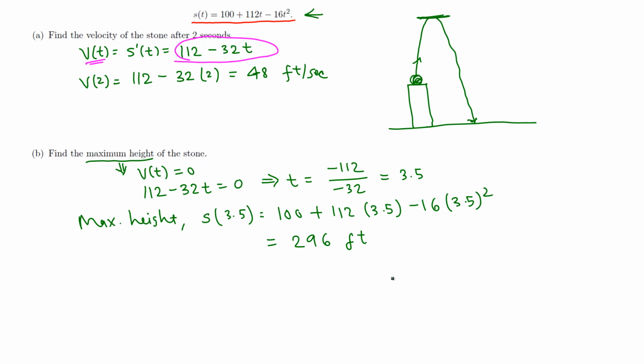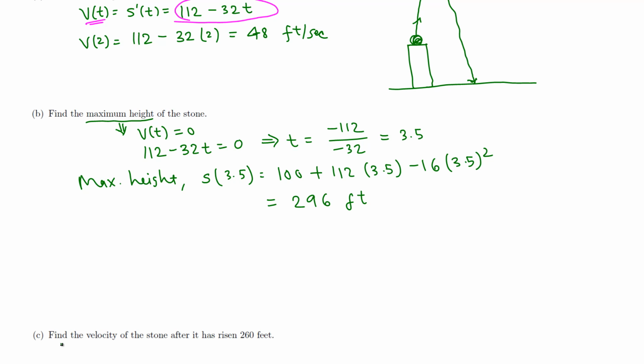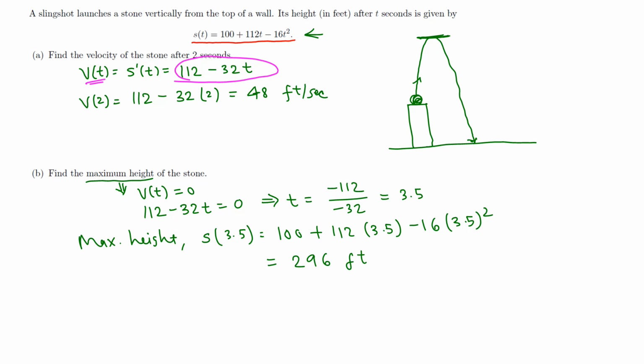Now the third part is to find the velocity of the stone after it has risen 260 feet. Because we know 296 is the highest, the stone reaches the 260 feet level somewhere below that.